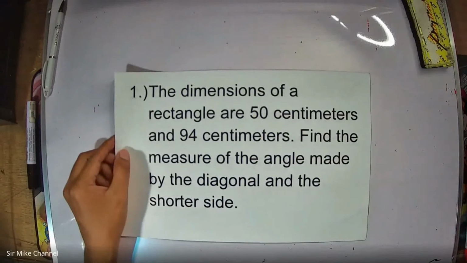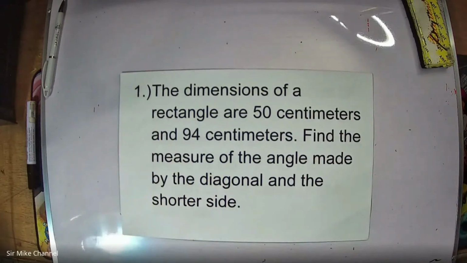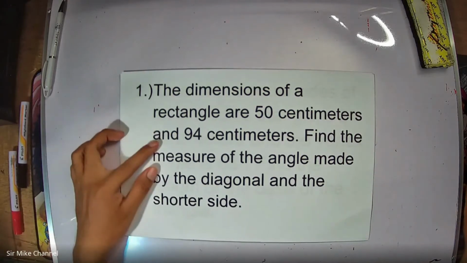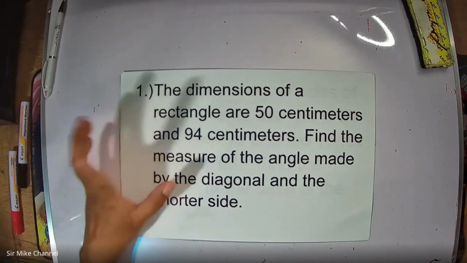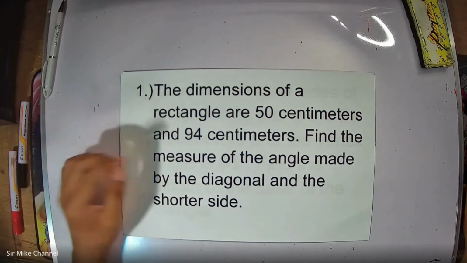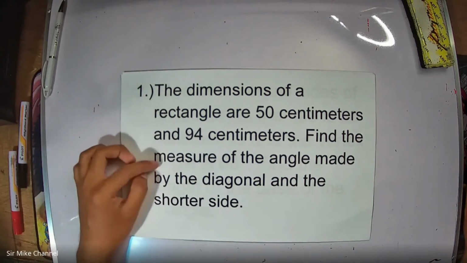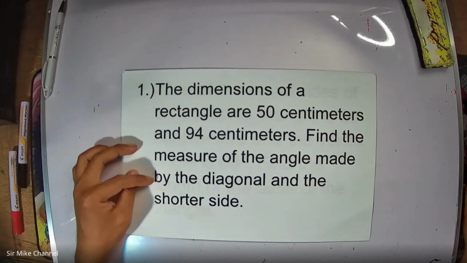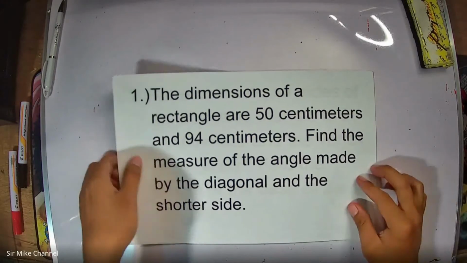The dimensions of the rectangle are 50 centimeters and 94 centimeters. These are the dimensions of the rectangle, let's say the length and the width. Find the measure of the angle made by the diagonal and the shorter side.